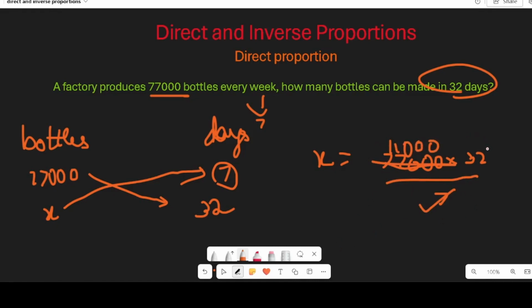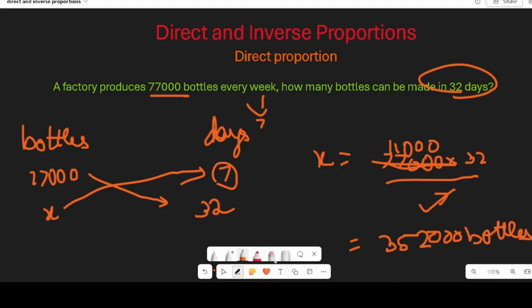So 11,000 into 32. We would normally have 3 zeros here, and 11 into 32 would be 352. 352 bottles every 32 days.